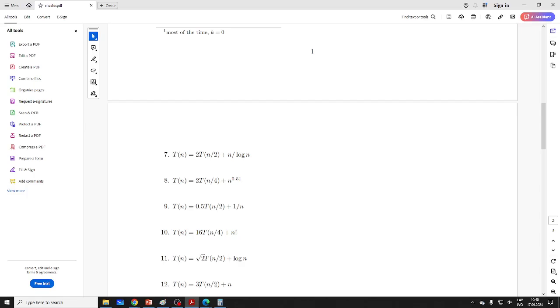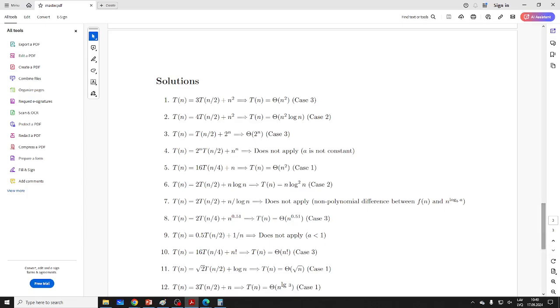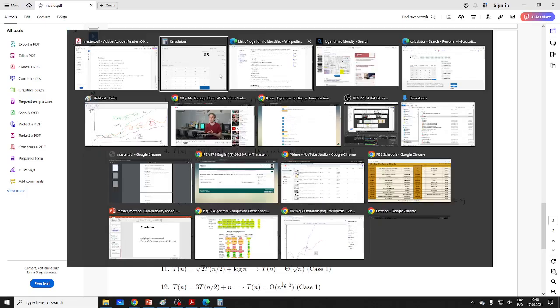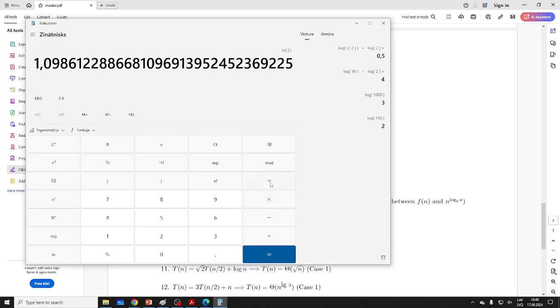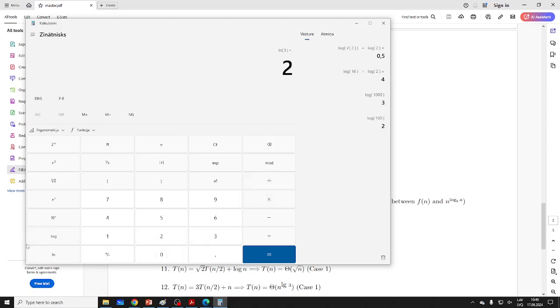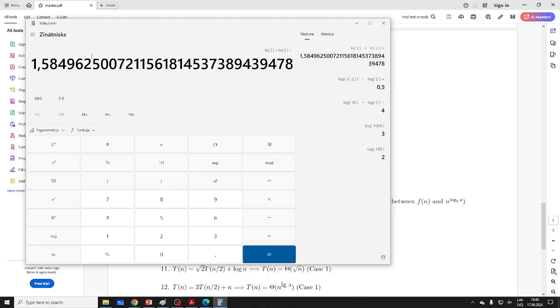We can calculate how much it is exactly if you want. So how will I do it? Again, the natural log of 3, doesn't matter, divided by the natural log of 2, and it's going to be something like 1.58.